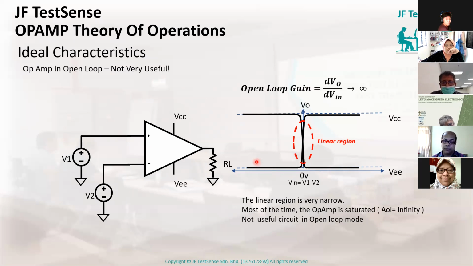Do you all understand that? Because it takes very little differential for the op-amp to rail and be stuck to either the positive VCC or the negative VCC. So in this case, is the op-amp useful? In this way, the op-amp is not very useful, right?